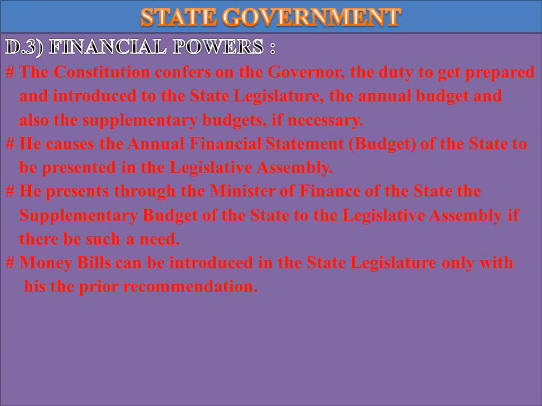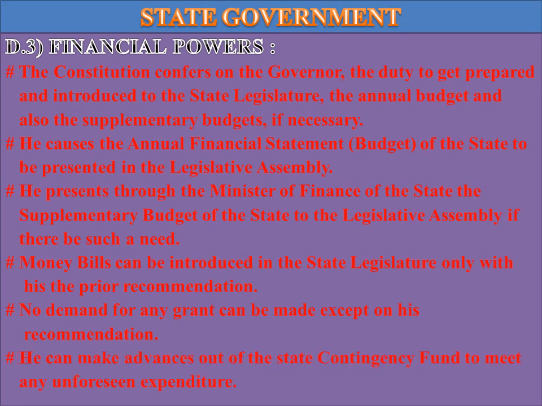A money bill can be introduced in the legislative assembly only with his recommendation. No demand for any grant can be made except on his recommendation. He can make advances out of the state contingency fund to meet any unforeseen expenditures.